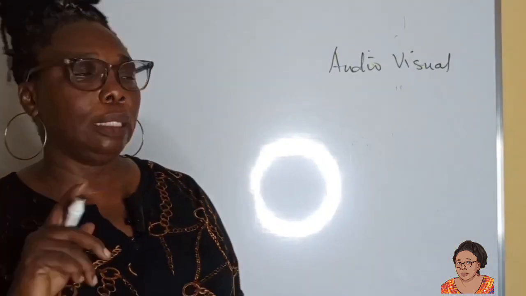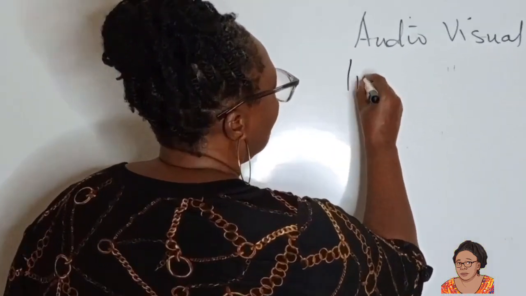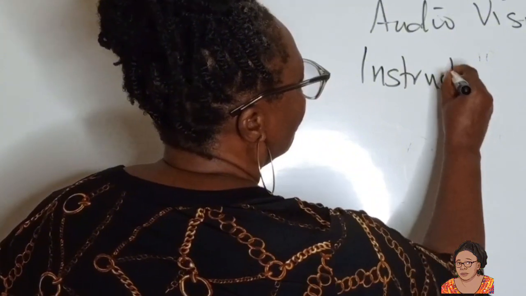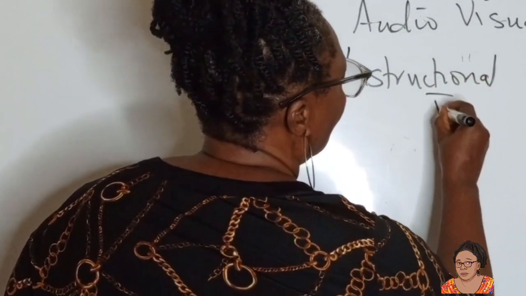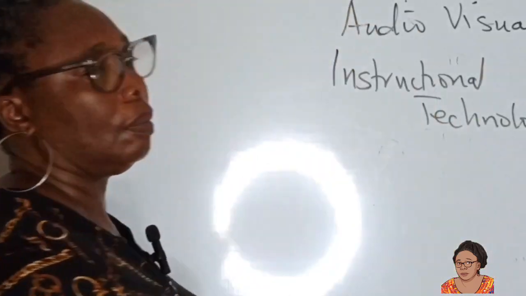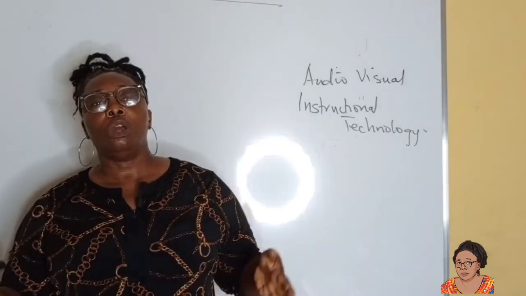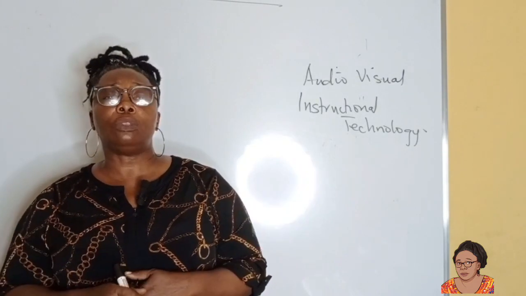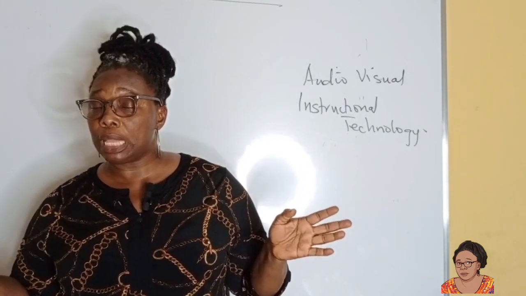And then another word that keeps coming up is instructional technology. Instructional technology, educational technology, audiovisuals, they are part of the same circle, but they are not exactly the same.